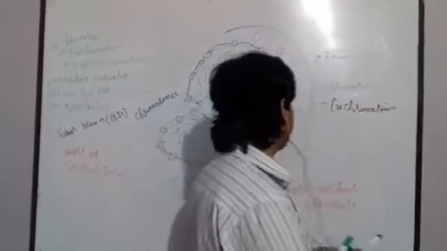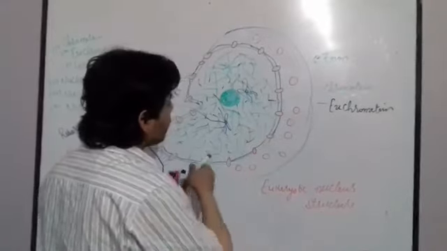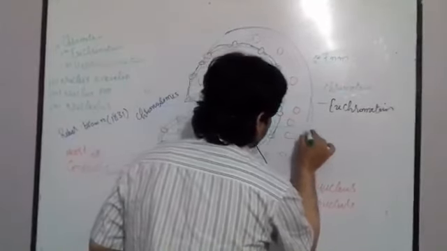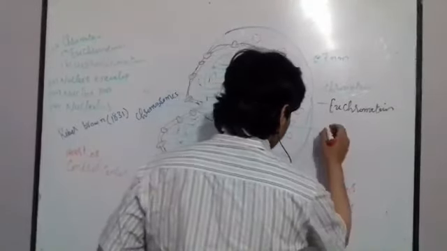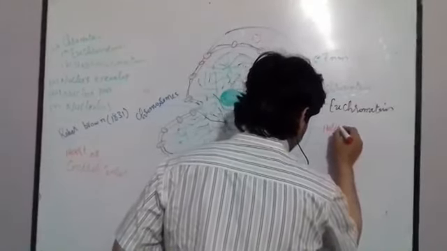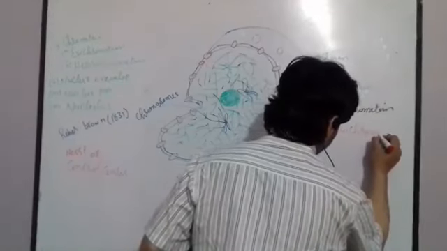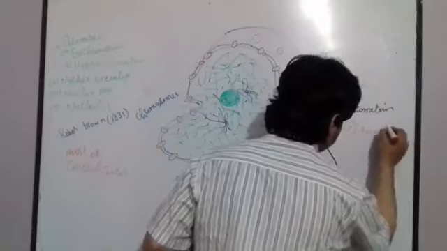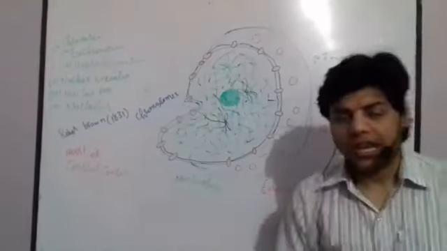On the other hand, we have another chromatin, these green ones as you are watching. We call them heterochromatin. Heterochromatin is the opposite of euchromatin.